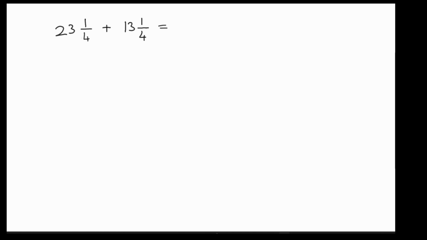Okay, here is another example. We have 23 and 1 over 4 plus 13 and 1 over 4. So we can write that as 23 plus 1 over 4, right? And then plus 13 plus 1 over 4, because this is the same thing as this, right?